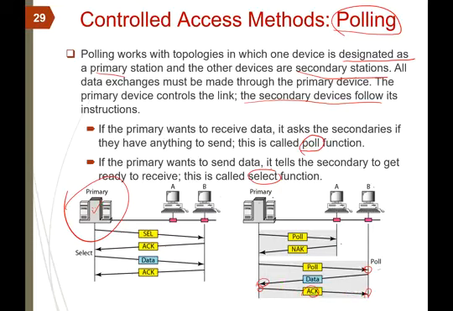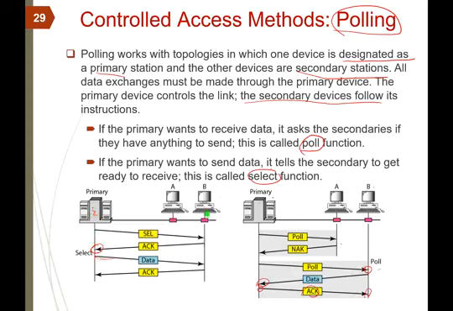In the select function, the primary will select one of these stations. For example, here it selects B. B will acknowledge the primary: yes, I'm ready to receive data.